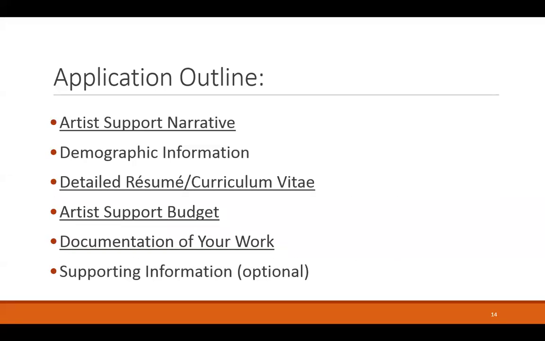And then supporting information is an optional section where you can upload things that might seem relevant to your application that are not necessarily your work. So this is if you are an actor or actress, a playwright, a dancer, etc., any sort of artist that has received critical review, that would be a great place for you to upload that.